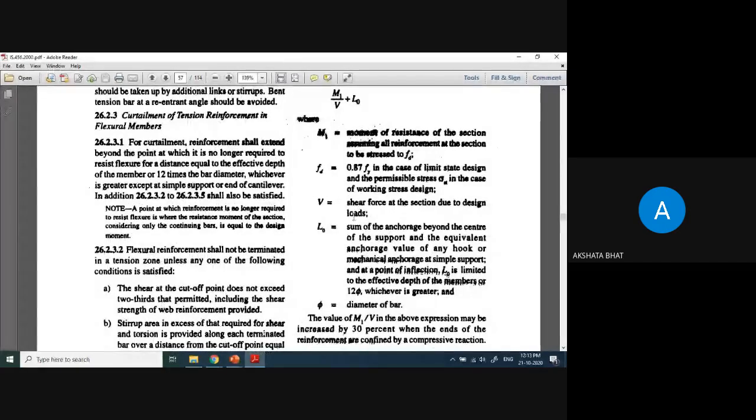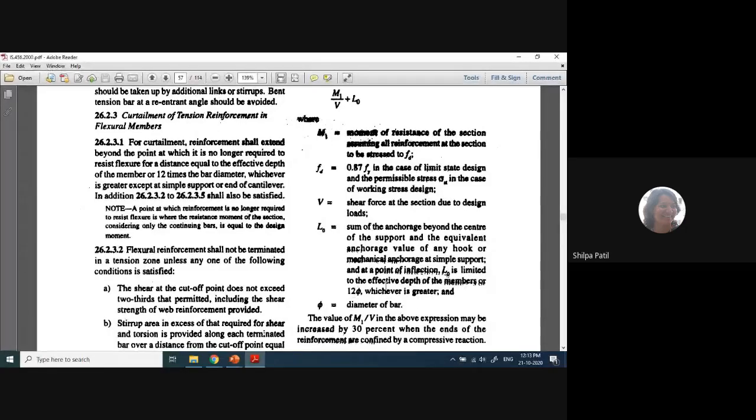Yes, ma'am. What is L0? L0 is the sum of the anchorage beyond the center of the support and the equivalent anchorage value of any hook or mechanical anchorage at simple support and at a point of inflection. This we have calculated now. L0 is limited to the effective depth of the member or 12 phi, whichever is greater.